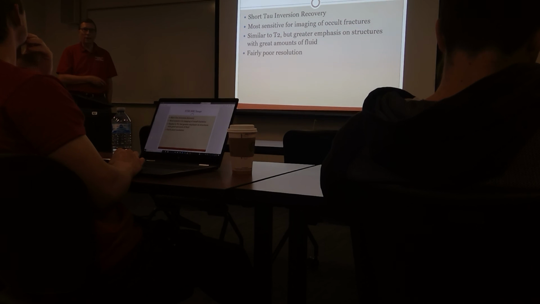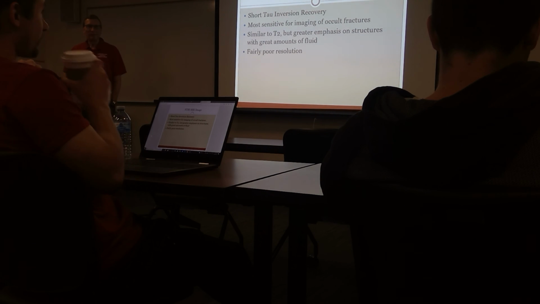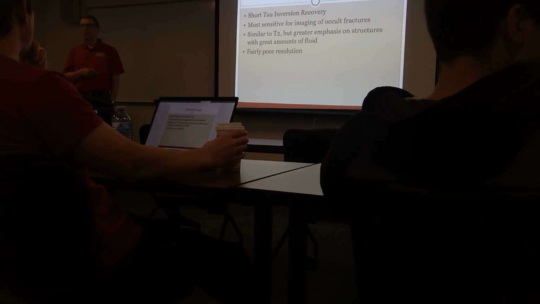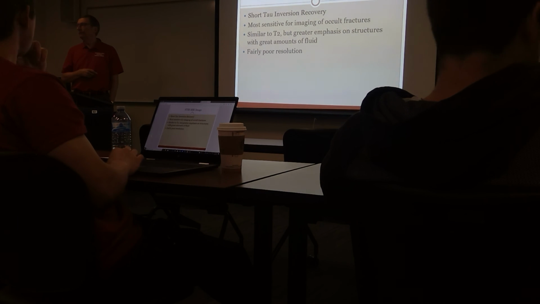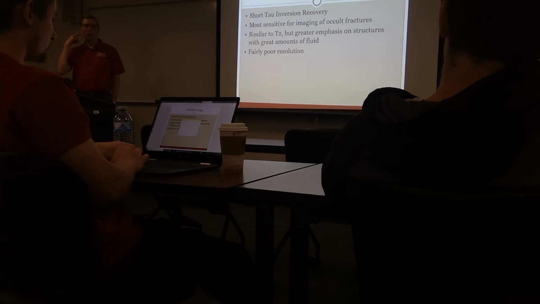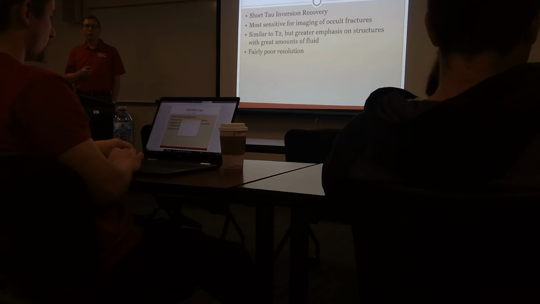What's an occult fracture? No, it doesn't mean you practice witchcraft. What does the word occult mean? Hard to see. So, real tough to see fractures initially, like a new cranial base fracture or a new stress fracture sometimes will show up.